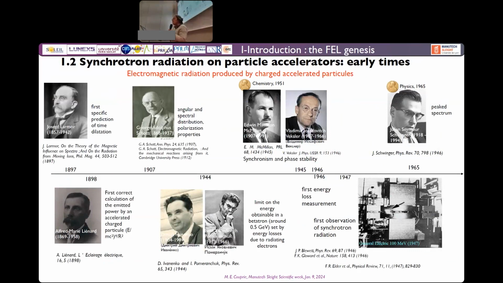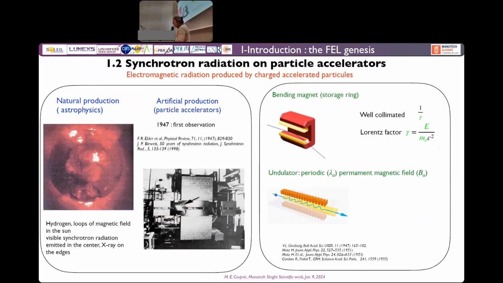There was the development of first ideas, some prediction of time dilatation, then the first correct calculation of the emitted power, then the angular and spectral distribution, then the energy which is obtainable, then the fact that we have a peak spectrum, and the first measurement of synchrotron radiation in 1947 on a particle accelerator.